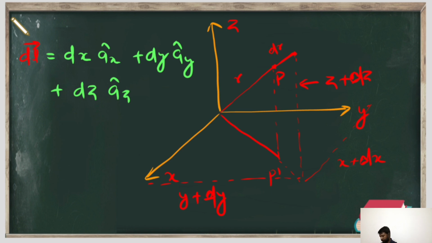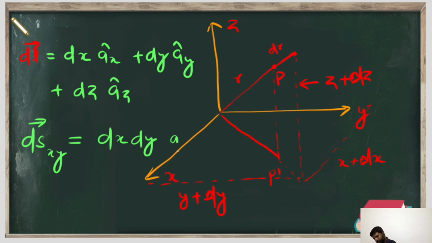So for that case, we will write the differential area, which is a vector quantity, in the xy plane as dx dy, and the direction of this area vector is along az, along the z axis.